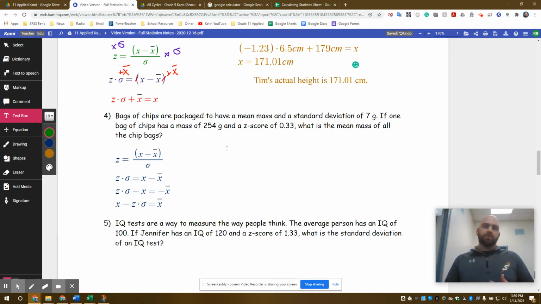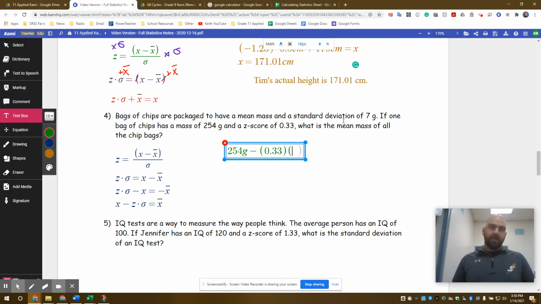Now, if we want to find the mean, we take our x, which is 254 grams, minus our z-score of 0.33 times our standard deviation of 7 grams, and that's going to equal x bar.